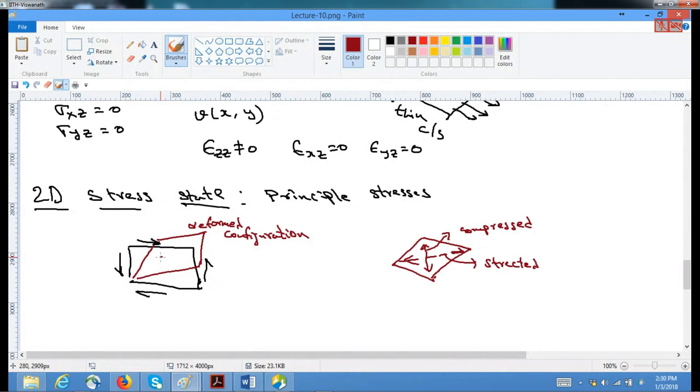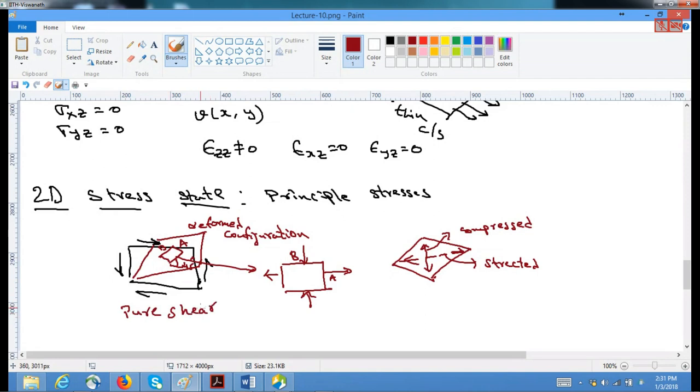Because this is being elongated, let's say I call it the A side and B side. This is the A side and this is the B side. A is being stretched and B is being compressed. So this is the stress state at 45 degrees to the horizontal for a pure shear condition.